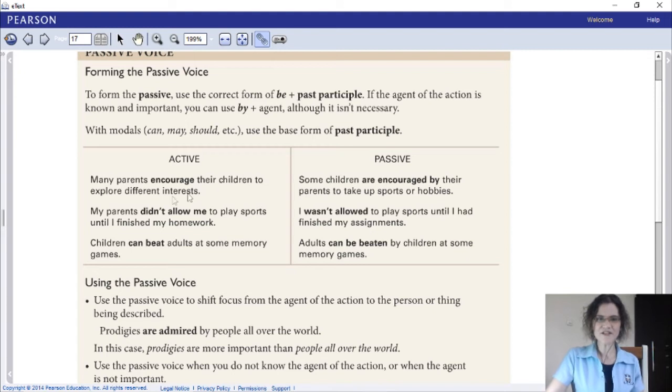Okay, now let's look at the second one. My parents didn't allow me to play sports until I finished my homework. Did not allow me, so that is the simple past tense. Did is the past.